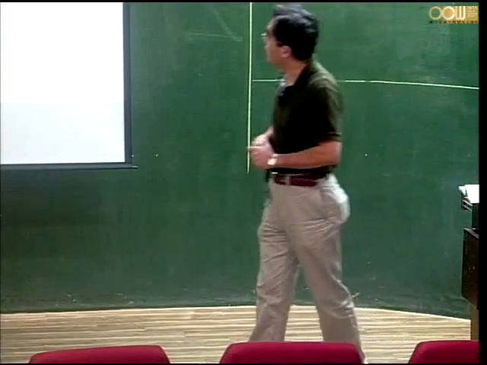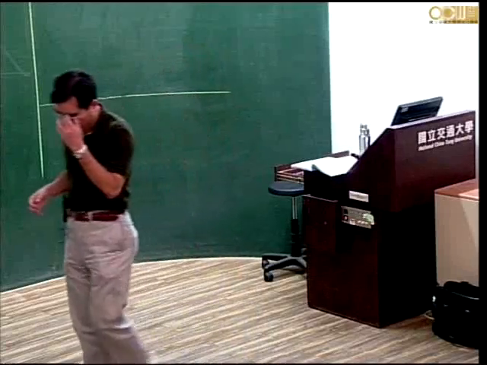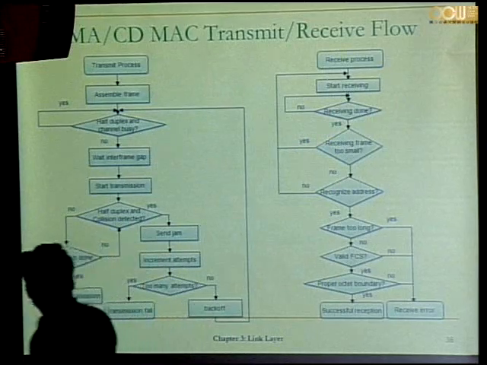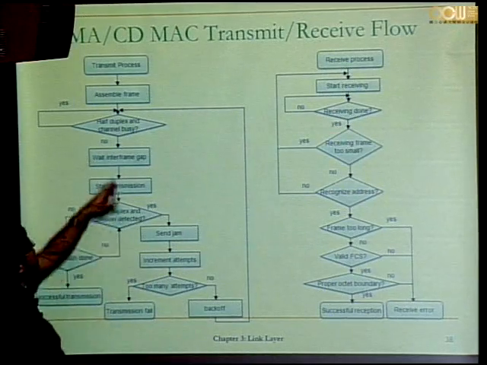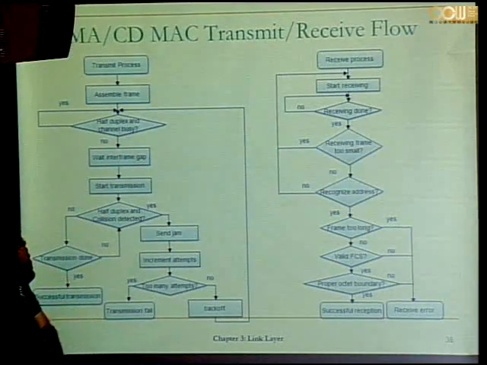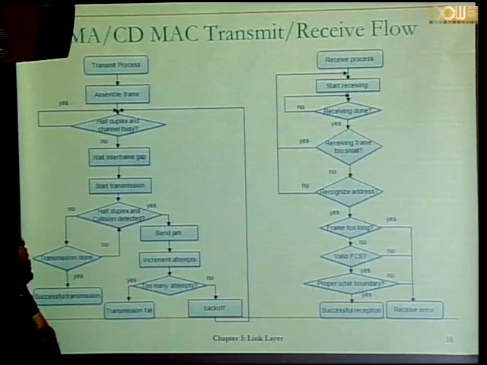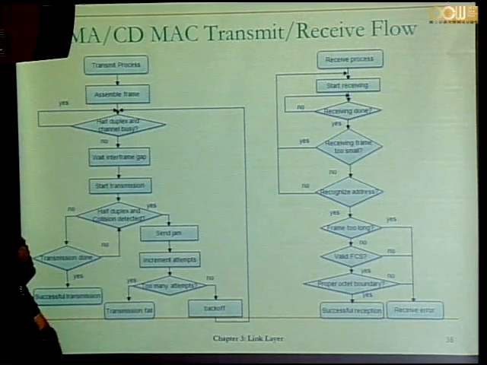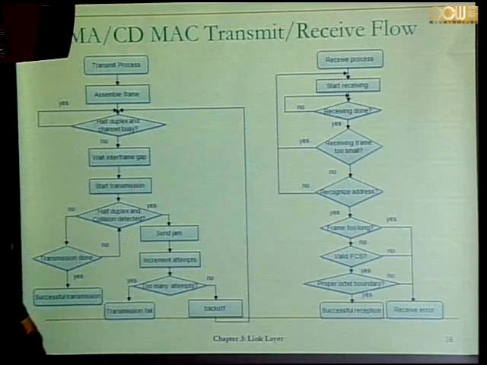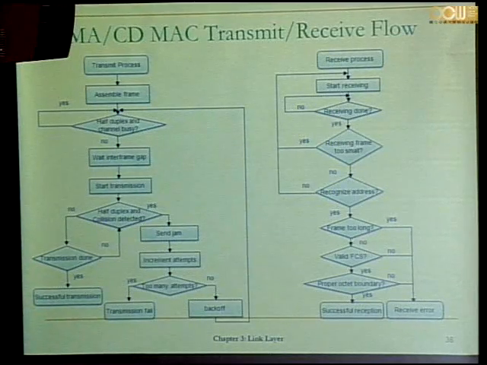However, it's not as simple as this. It has more specific detail in the steps. It says that you have a frame ready to transmit. You have assembled the frame, and then you need to check whether the channel is busy, and whether the channel is half duplex.